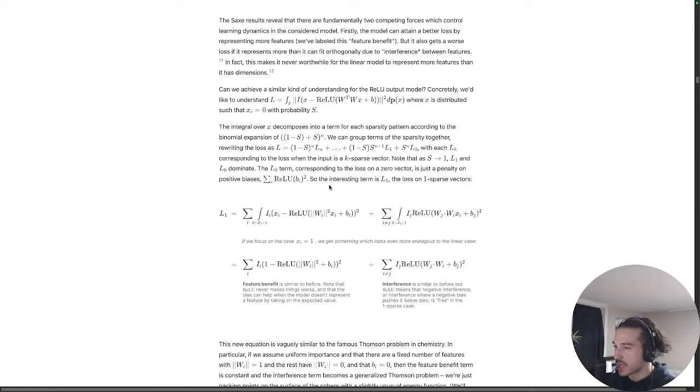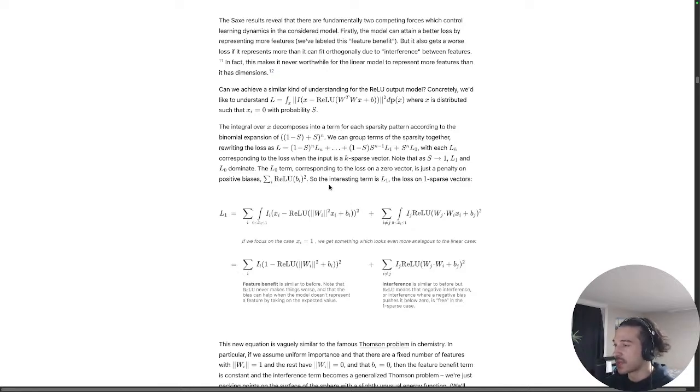L sub 1 equals the sum for all i of the integral from 0 to 1, so 0 is less than or equal to x sub i, which is less than or equal to 1, of the importance of i times the square of x sub i minus ReLU of the squared norm of w sub i times x sub i plus b sub i.